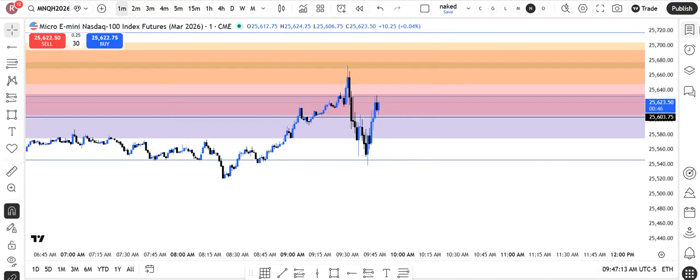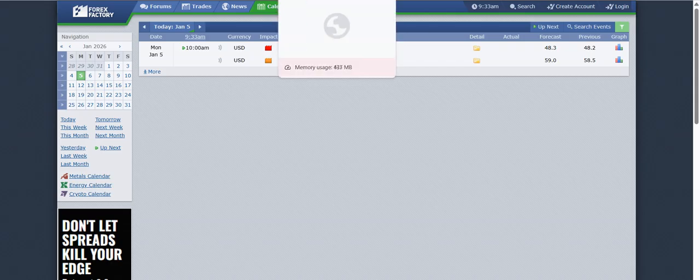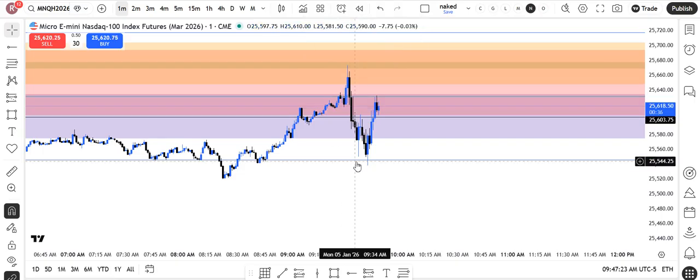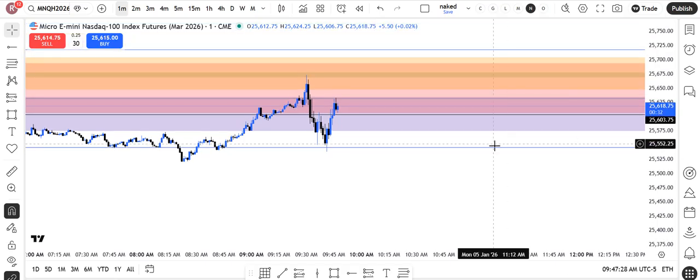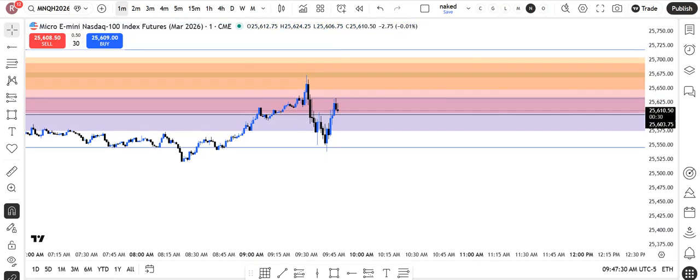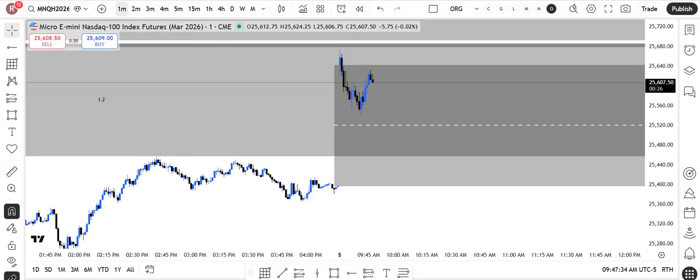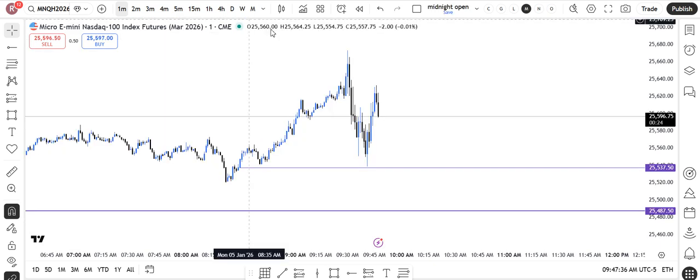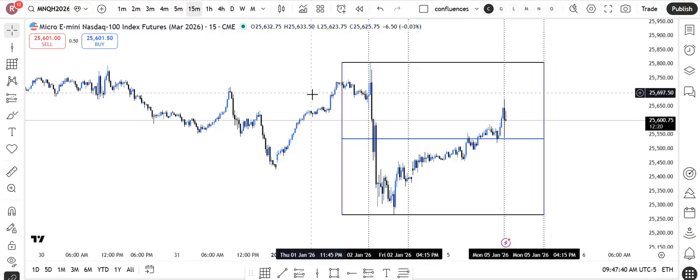Like I said, we're waiting till the 10 o'clock news because we have a medium and a high impact. Okay. I like that it's staying below the midpoint of that wick. And now it's starting to gravitate a little lower.